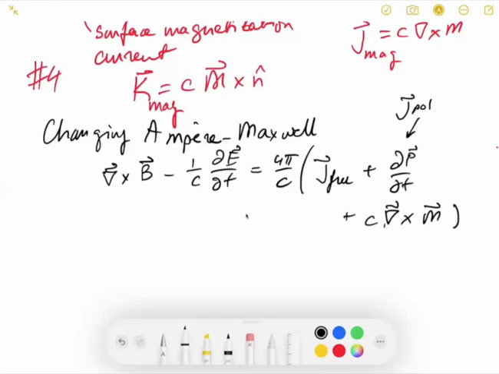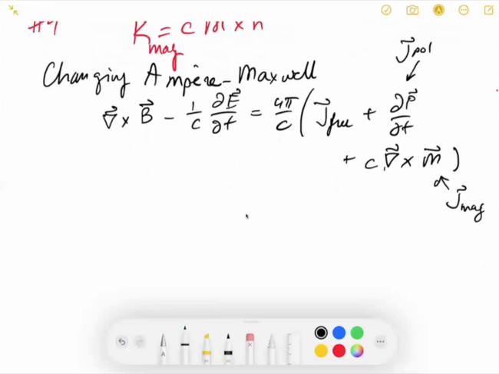Okay, that's the J magnetization. And again, we're forgetting about the convection term. All right, so now you should be able to see that we can move into the curl here.